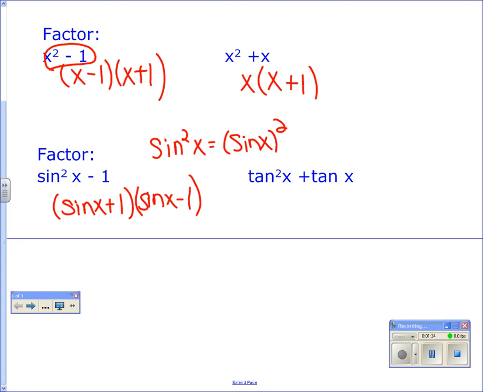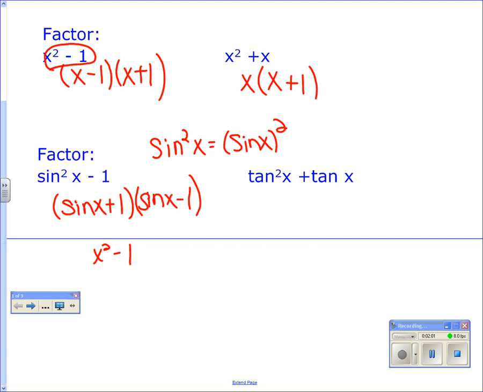If you have trouble figuring out how to factor this, instead of sine squared, you can write x squared and factor it, and then in place of x, put back in sine x. So if you're having trouble factoring one, replace all of your sine x's or whatever with just a variable and factor it that way.